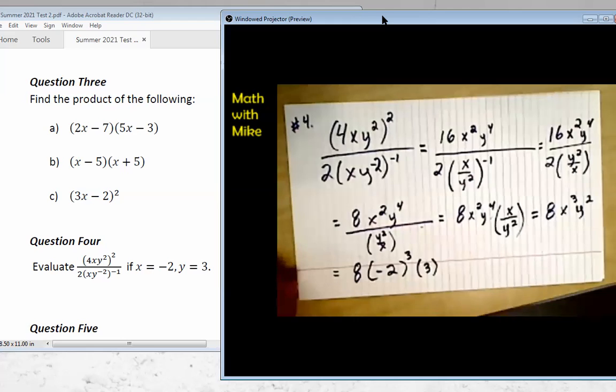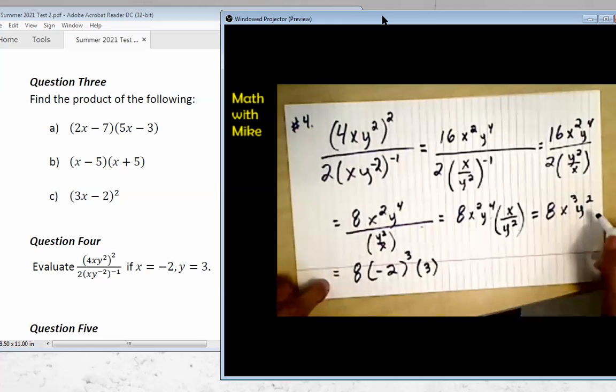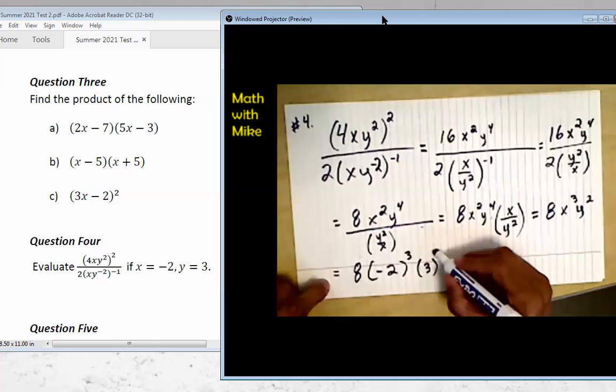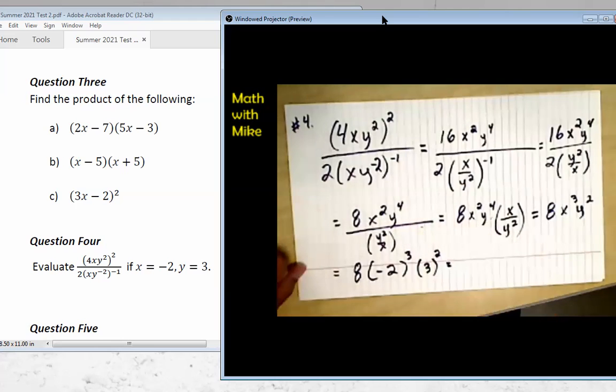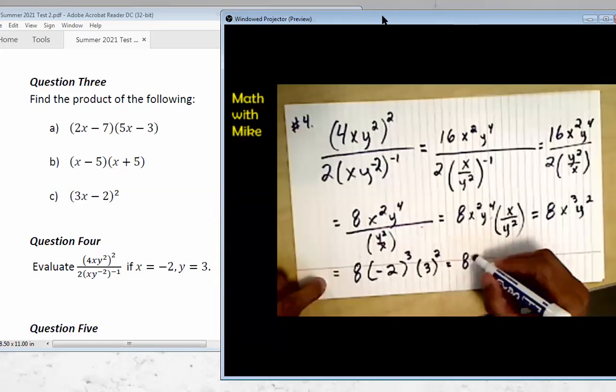That's a 3 in there for sure, and that's a squared for the y, so that's a squared there as well. All right. So I guess the thing to watch is that 8 stays there when you do your calculating.